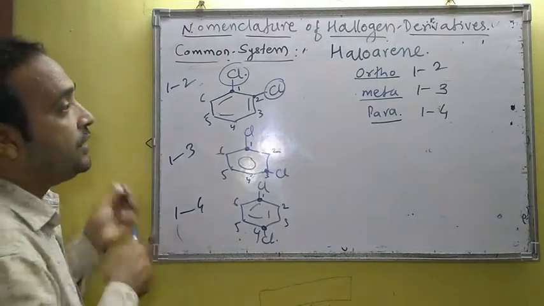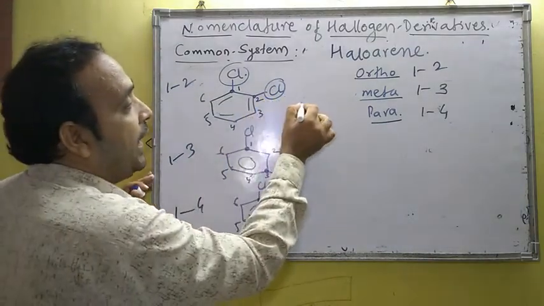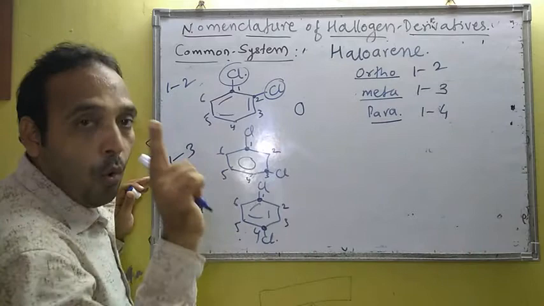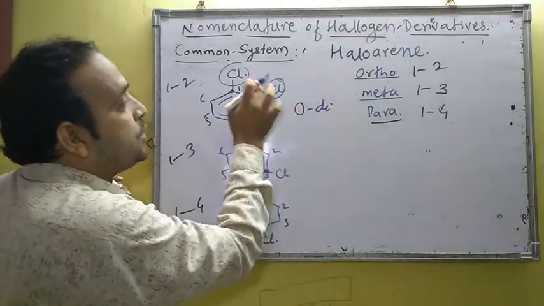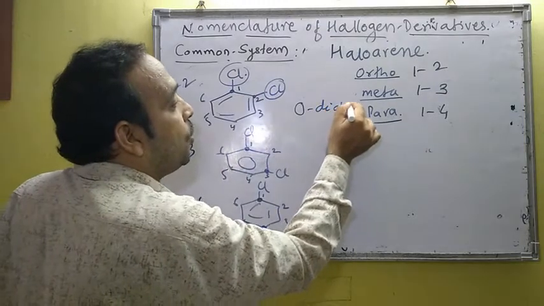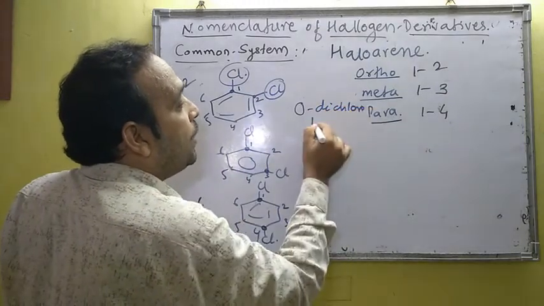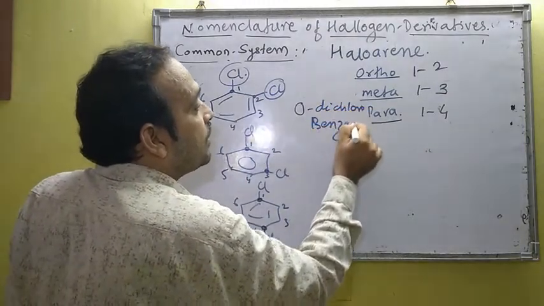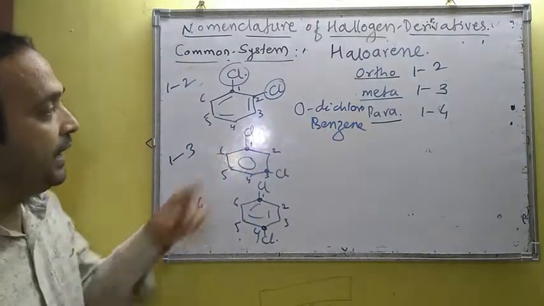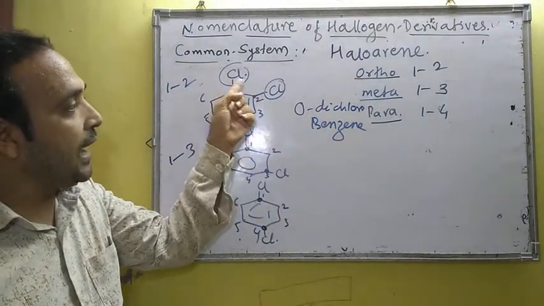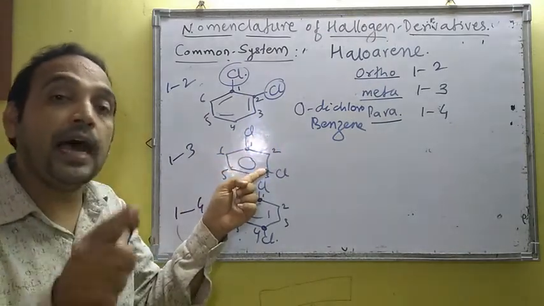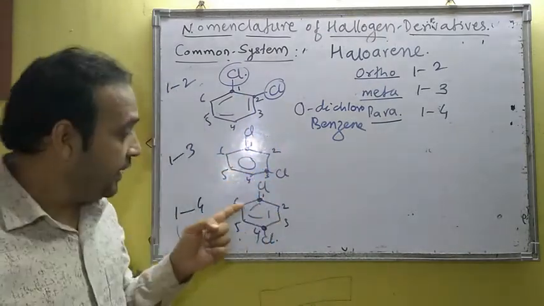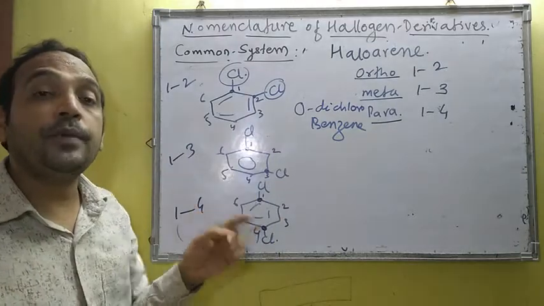So the name of this compound is ortho, O means ortho, di means 2, Cl means chloro, ortho-dichlorobenzene. What is the name of this compound? It is called ortho-dichlorobenzene. This one, 1,3, means meta-dichlorobenzene. This one, 1,4, means para-dichlorobenzene.